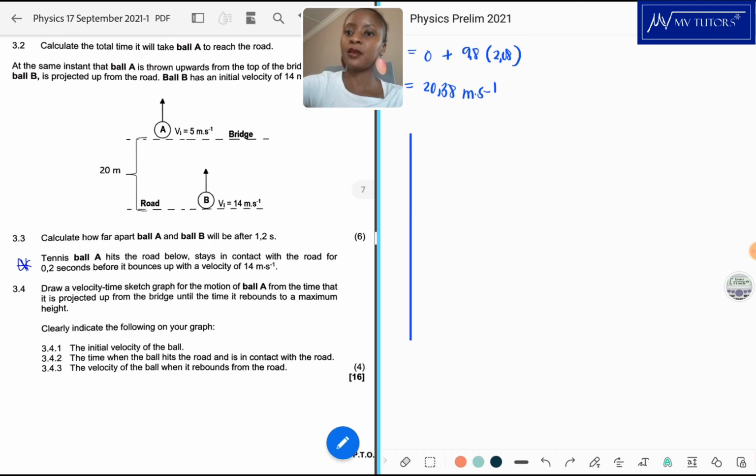Okay, what did I do now? Okay, so we have velocity here, which is meters per second. That's where it's 0. And we have our time here in seconds.